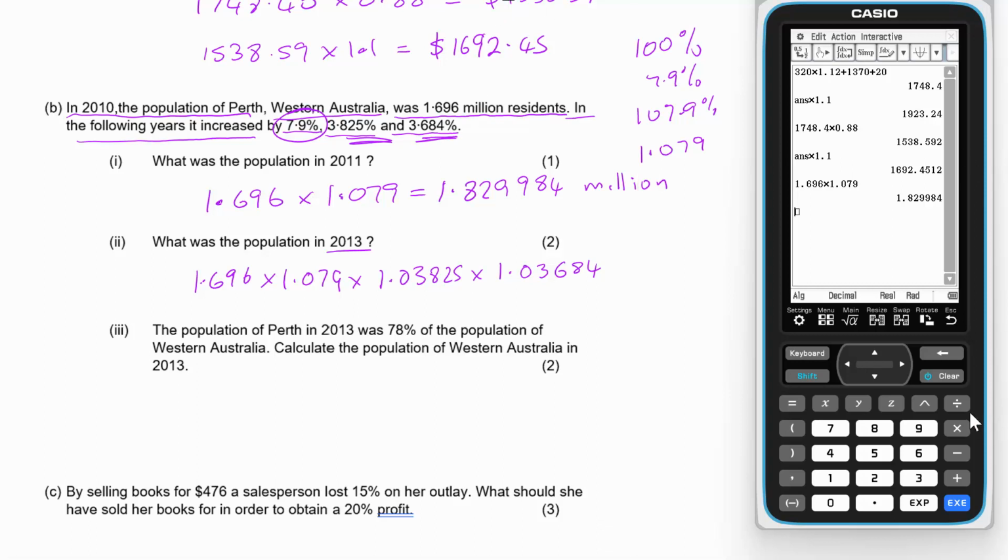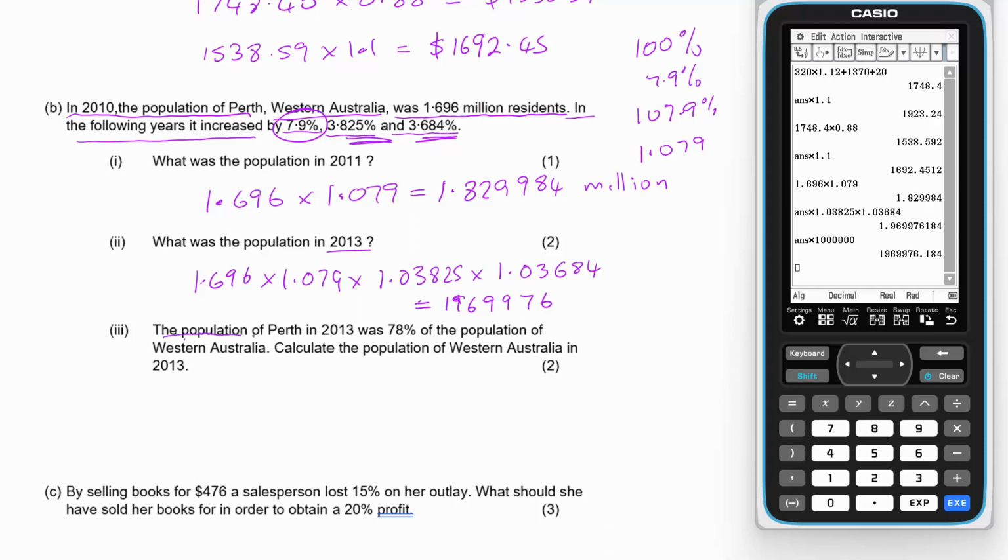So what I'm going to do is I'm just going to times my last answer by 1.03825, and then times it by 1.03684. And that's giving me that. Let's just times that by 1,000,000. And then we can say that's 1,969,976, so rather than giving it in million.